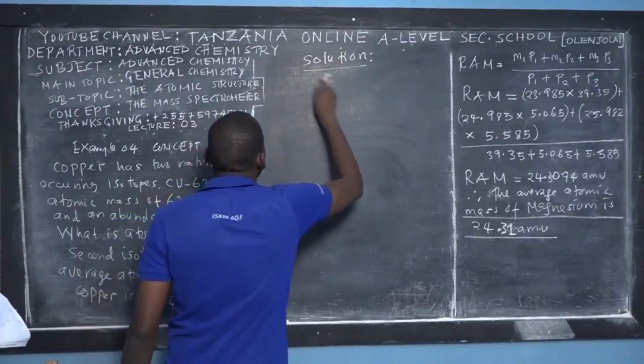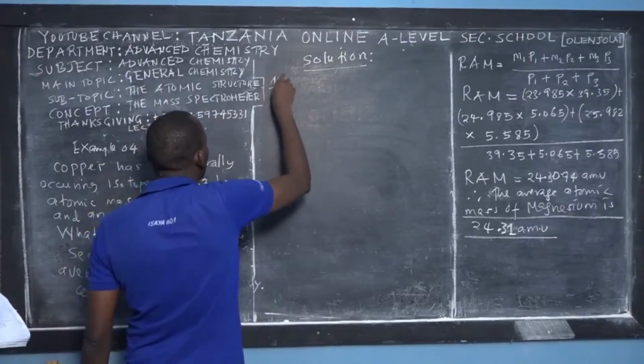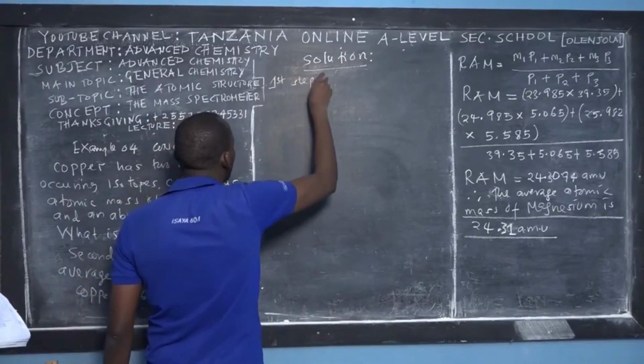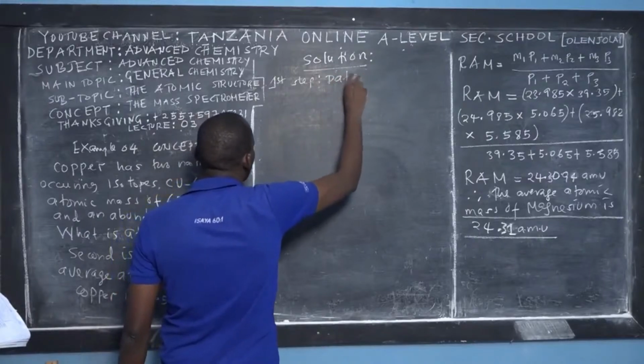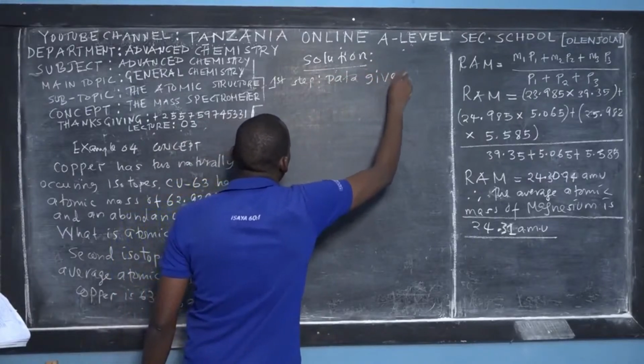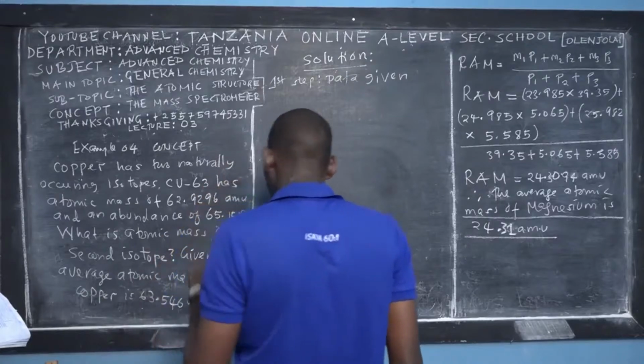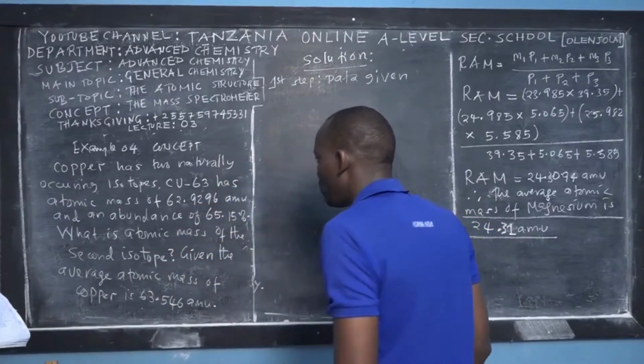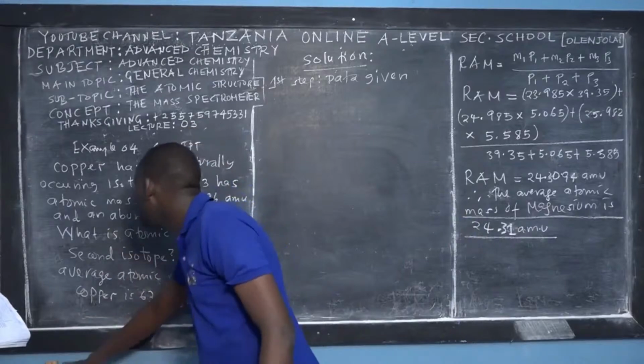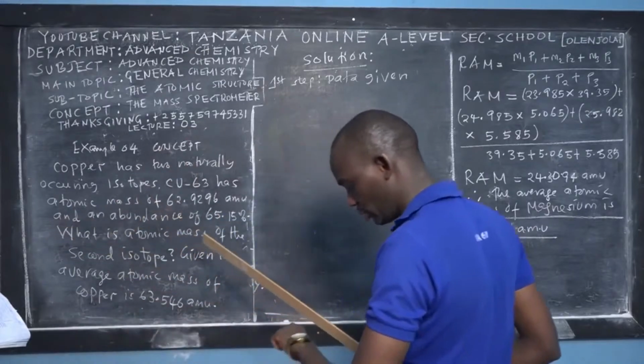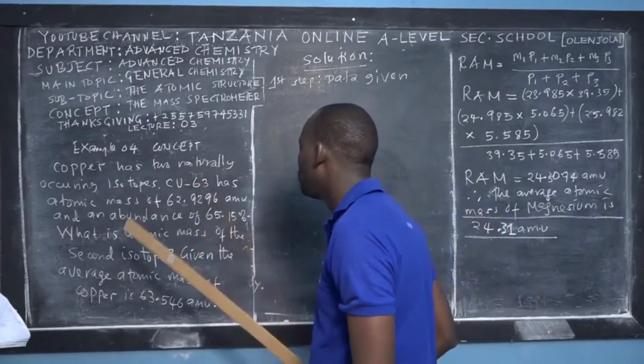So, solution. The first step, as I used to teach you, is to list the data given in this question. The question said that copper has 2 naturally occurring isotopes. How many isotopes? 2 isotopes, not 3.